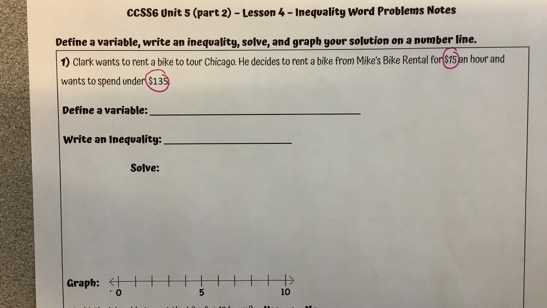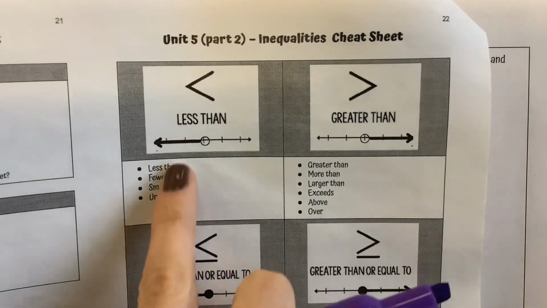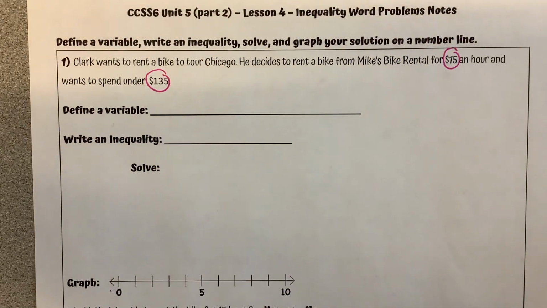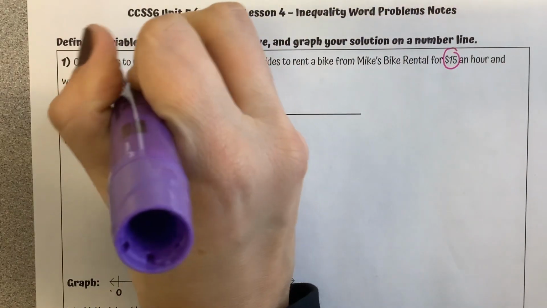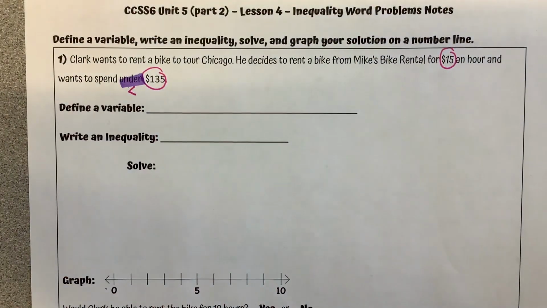So first I circled my numbers. Now I'm going to highlight my key words. So thinking of inequalities, when I look, I see the word under. Under tells me the less than sign. So I'm going to highlight under, and I'm just going to write the less than sign here so I remember.